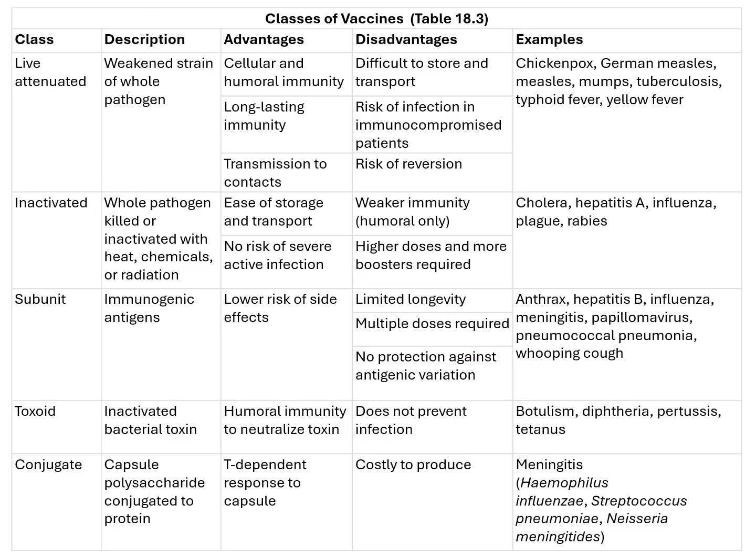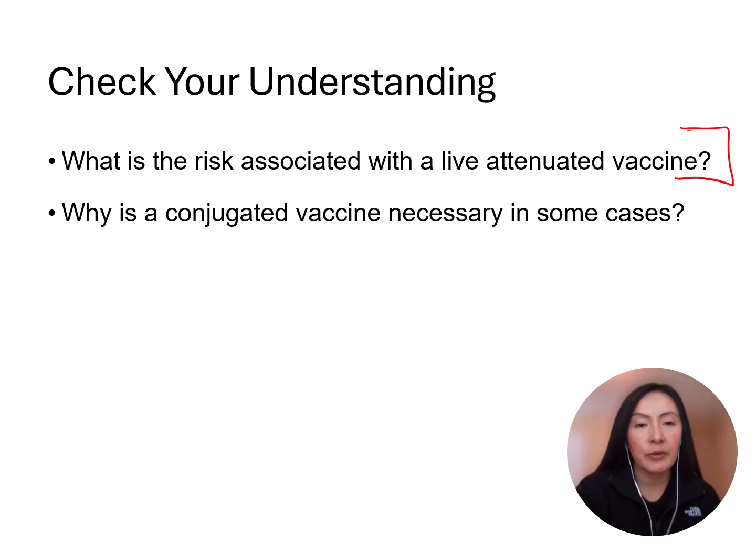conjugates. This table from our book shows us those 5 major classes of vaccines, their description, advantages and disadvantages, and some examples for each. This first checkpoint question asks, what is the risk associated with a live attenuated vaccine? So live attenuated vaccines contain weakened but living pathogens, and in some cases the organism can cause mild symptoms.